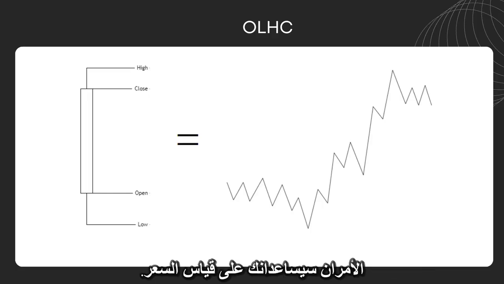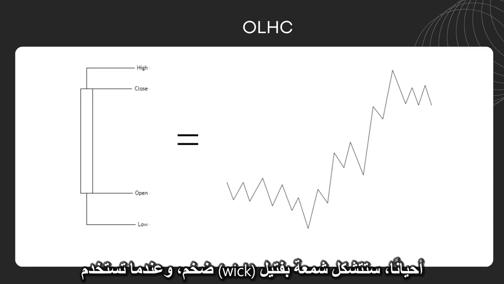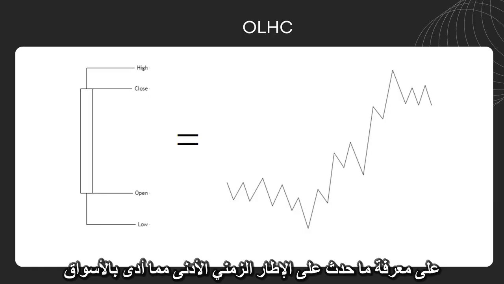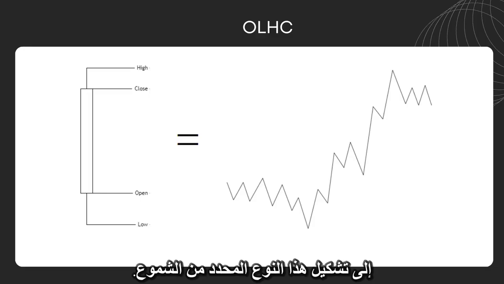Those two things will help you gauge price, right? Sometimes it's going to form a candle with a huge wick, and when you use this exact framework, you're going to be able to know what had happened on the lower time frame which led the market to form this exact type of candle, right?